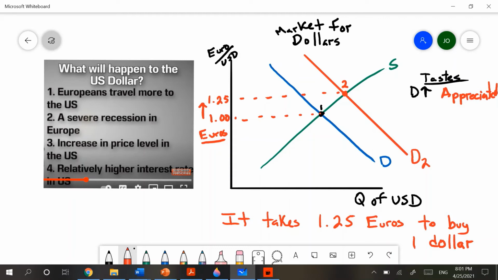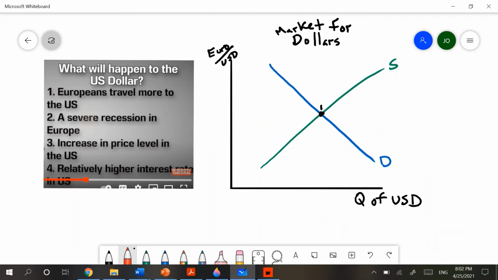Let's practice the other examples. The second example has to do with income levels because now there's a recession in Europe. Well, remember that economies are interrelated.